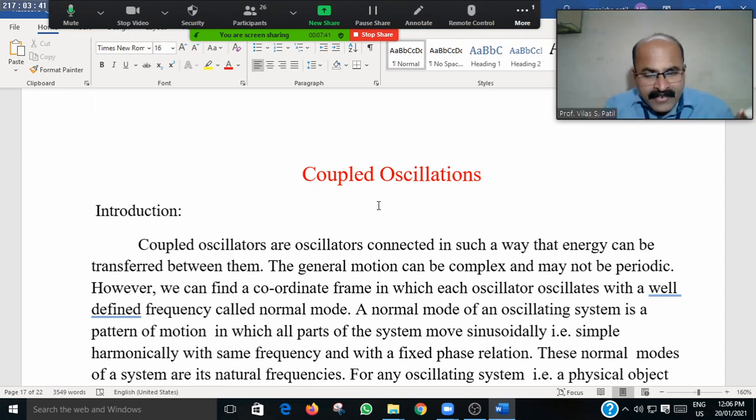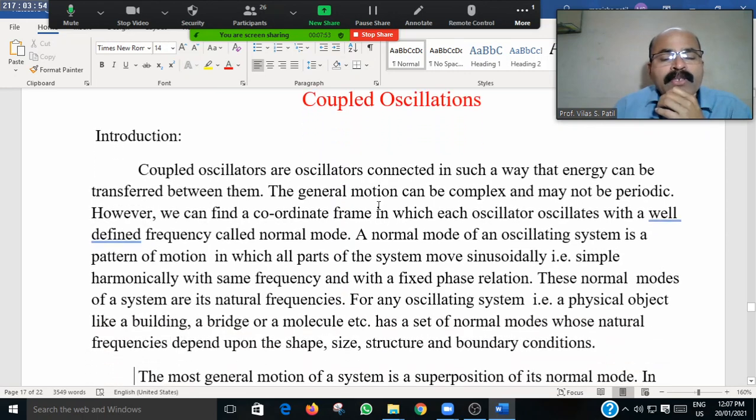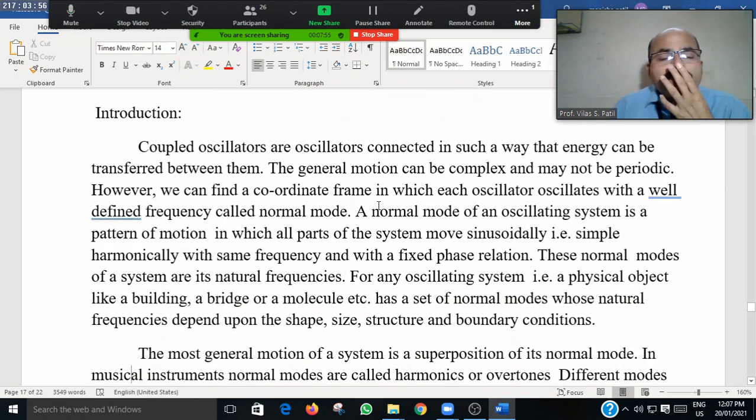Today we start the next chapter, that is coupled oscillations. Here we are going to see the introduction to coupled oscillations. Coupled oscillators are oscillators connected in such a way that energy can be transferred between them.